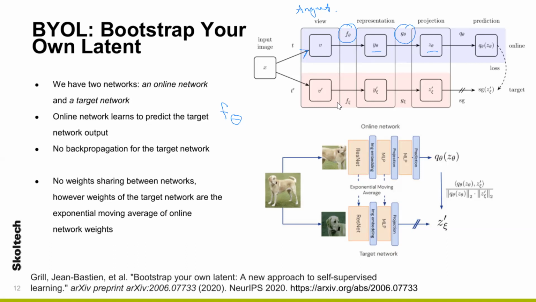How do we produce the other representation? We again generate some view, apply some f, apply some projection, and get a different embedding. So we want this prediction z_theta to be close to z_psi prime. The question is where we get this psi.